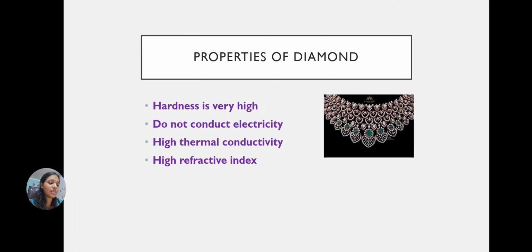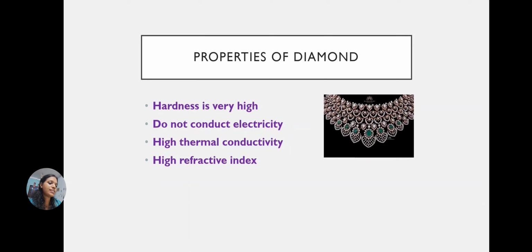This structure gives diamond its specific properties and related uses. So just look once again at these properties: hardness, does not conduct electricity, high thermal conductivity, and high refractive index.